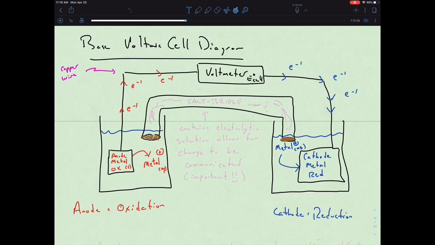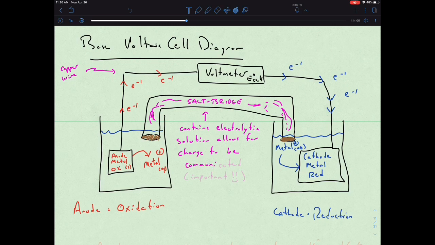But within, we basically have an electrolytic solution. And so the electrolytic solution allows for charge to be communicated.